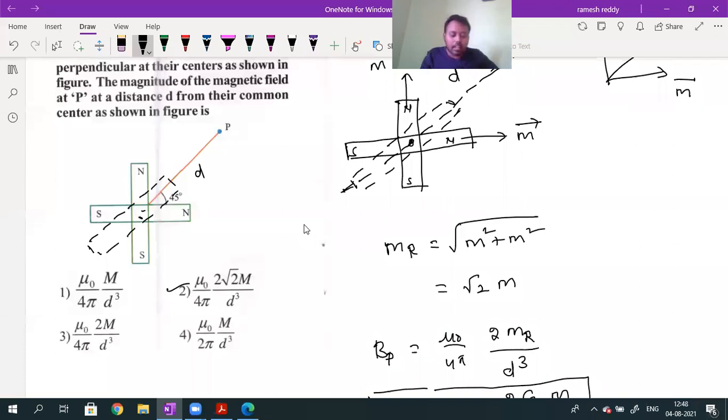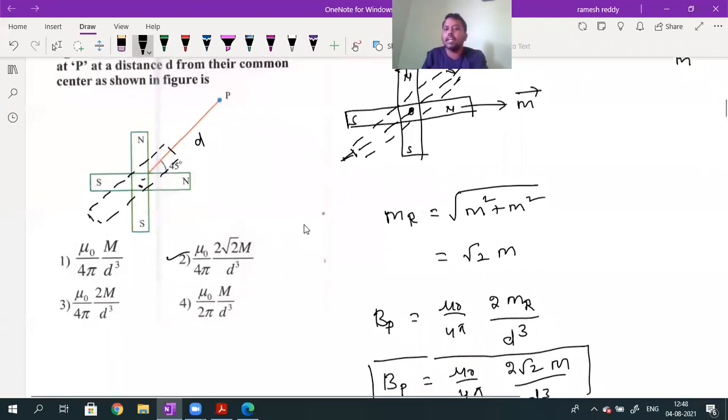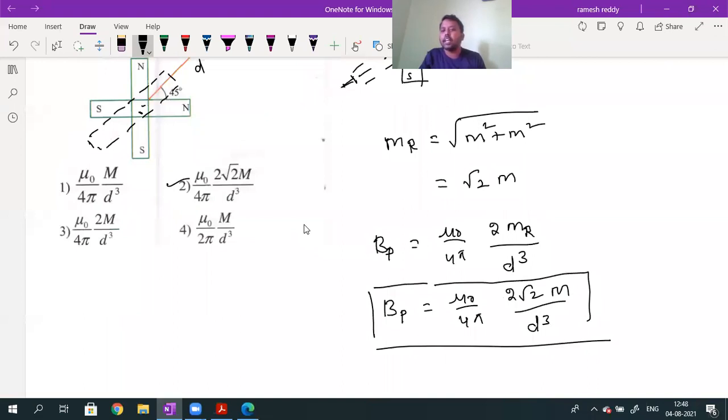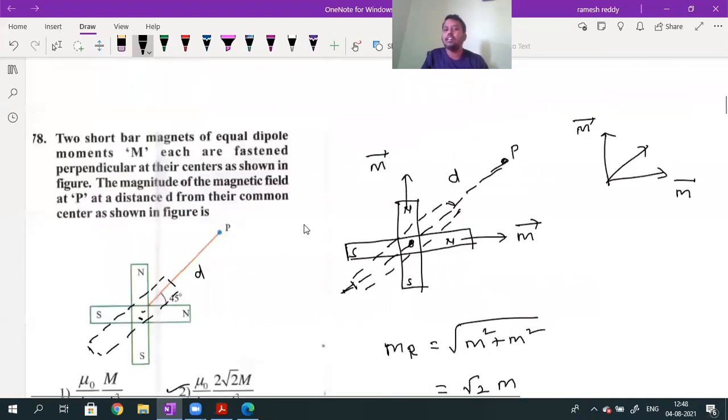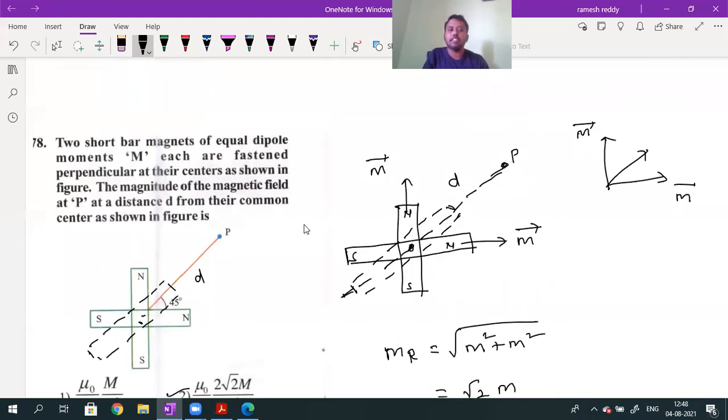When point P is lying on the axial line, the expression for magnetic field induction at point P is mu naught by 4 pi into 2 into MR divided by D cube. MR value will be given by root 2 M, so 2 root 2 into M divided by D cube. Important question. Is this one understood? So question number 78, very, very important question.